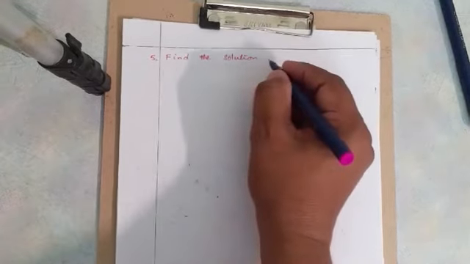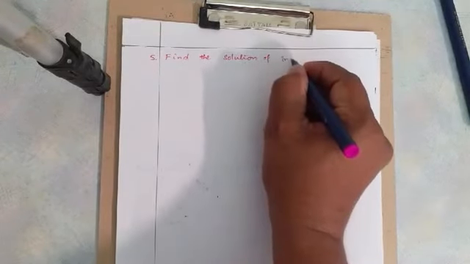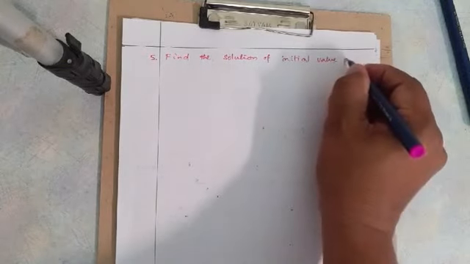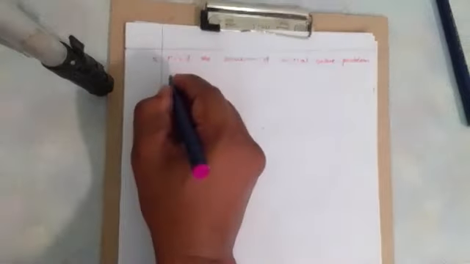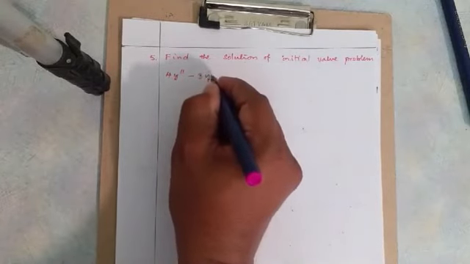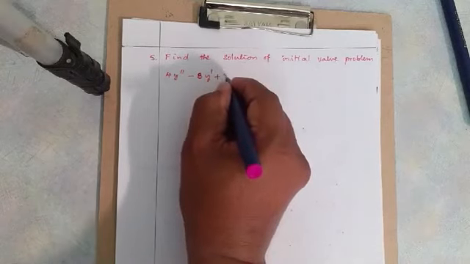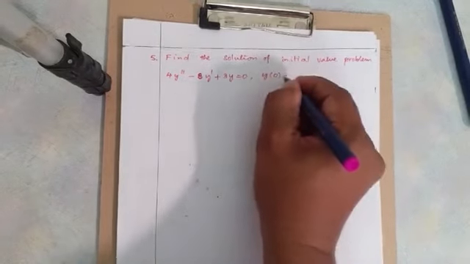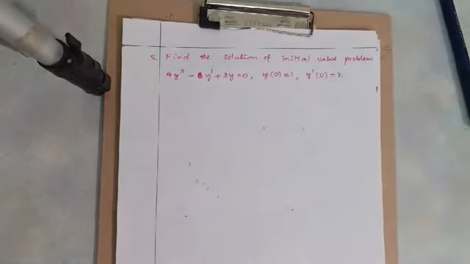Find the solution of the initial value problem: 4y double dash minus 8y dash plus 3y is equal to 0, with y of 0 equal to 1 and y dash of 0 equal to 3. So this is the problem.